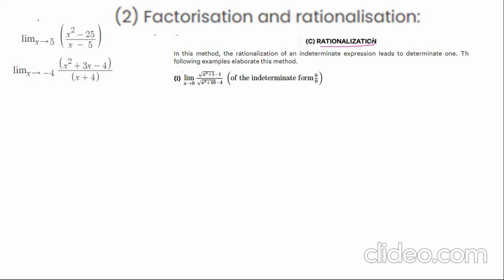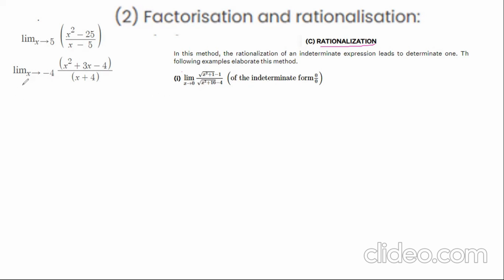By rationalizing, you get a normal form, and then you can use the direct substitution method. Come on, let us do this.